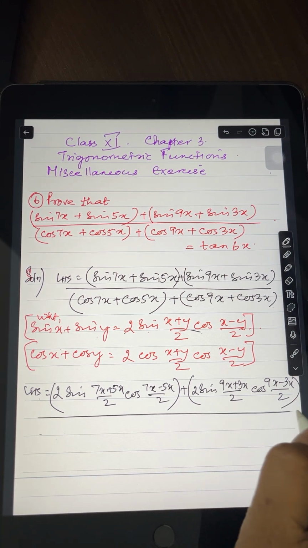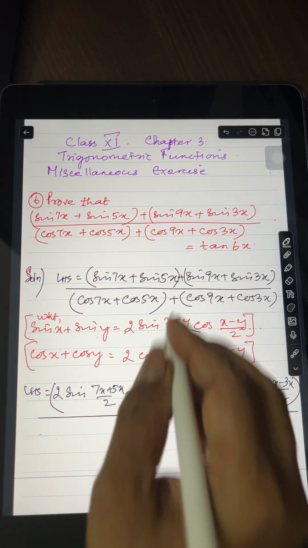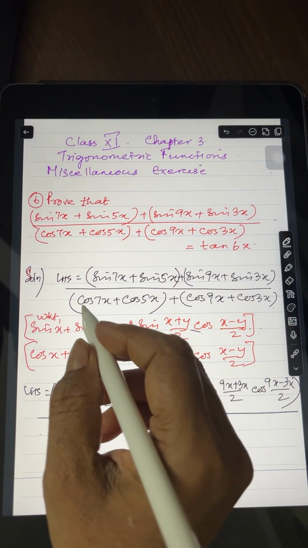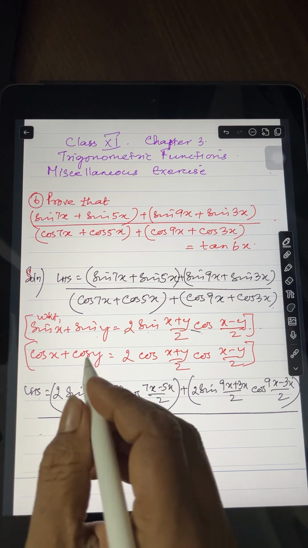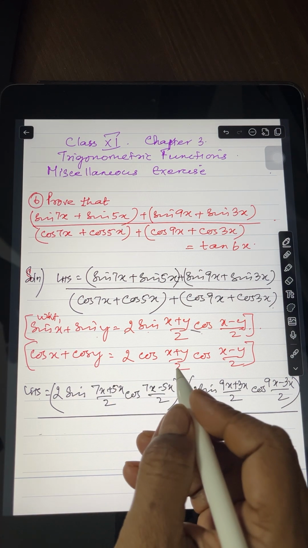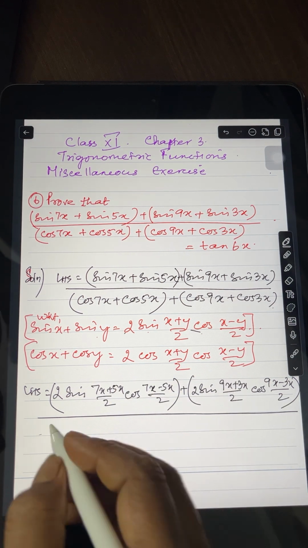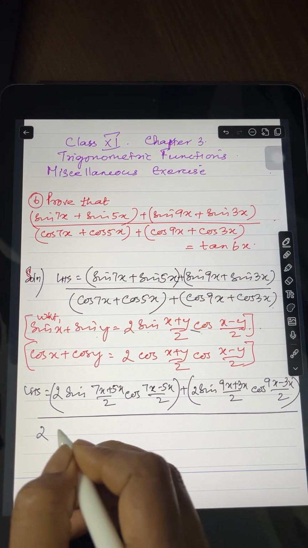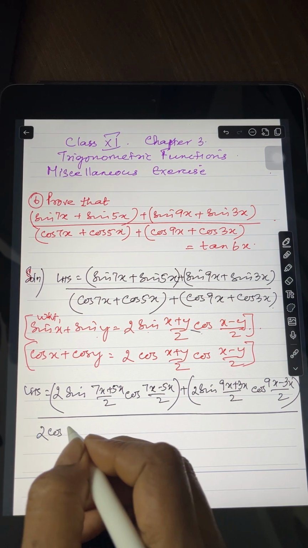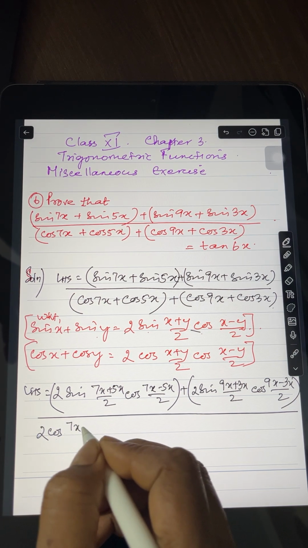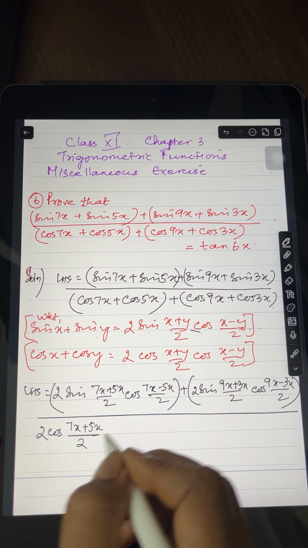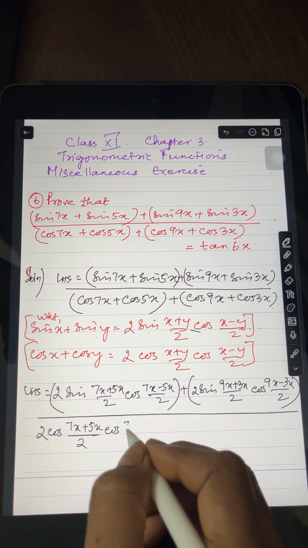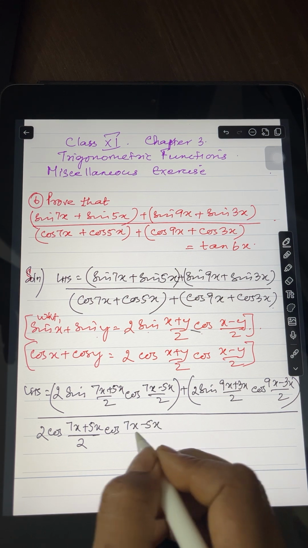This is the numerator part. In the denominator, cos comes here, so for cos you will have to use this formula. What is the formula? 2 cos (x plus y by 2) cos (x minus y by 2). So you can write 2 cos, with x as 7x and y as 5x: 2 cos (7x plus 5x by 2) cos (7x minus 5x by 2).